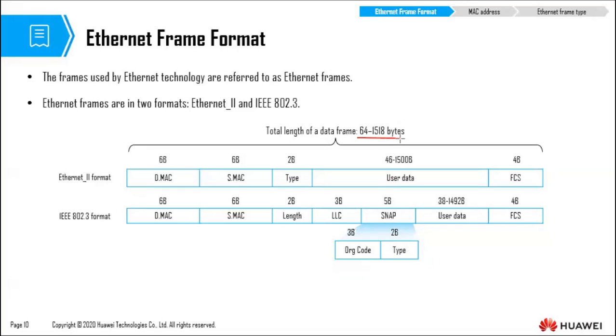If the frame is below 64 bytes and is placed on the shared medium, the host might finish sending the last bit, yet the first bit has not yet arrived at the destination.